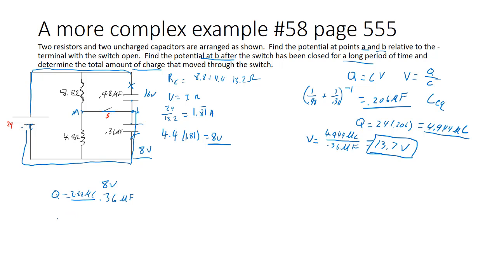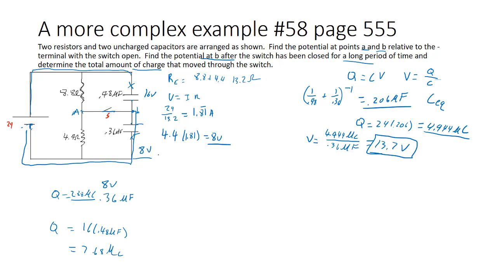On the other capacitor, the charge on each plate would be 16 volts times 0.48 microfarads. So 16 times 0.48 is 7.68. So 7.68 microcoulombs of charge.